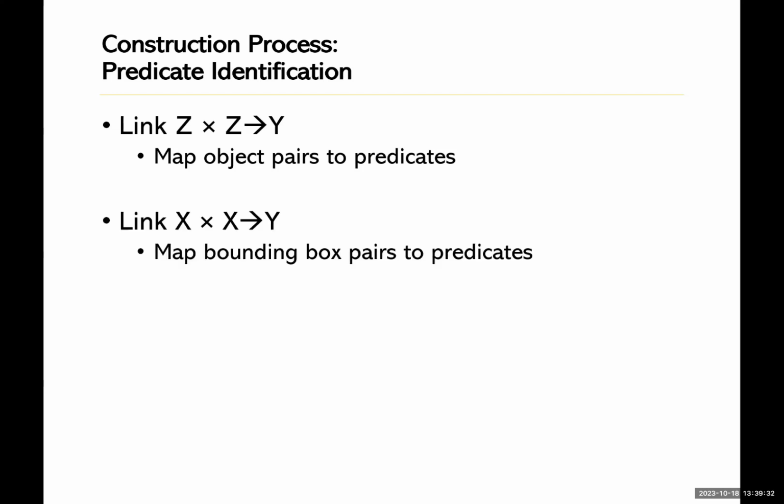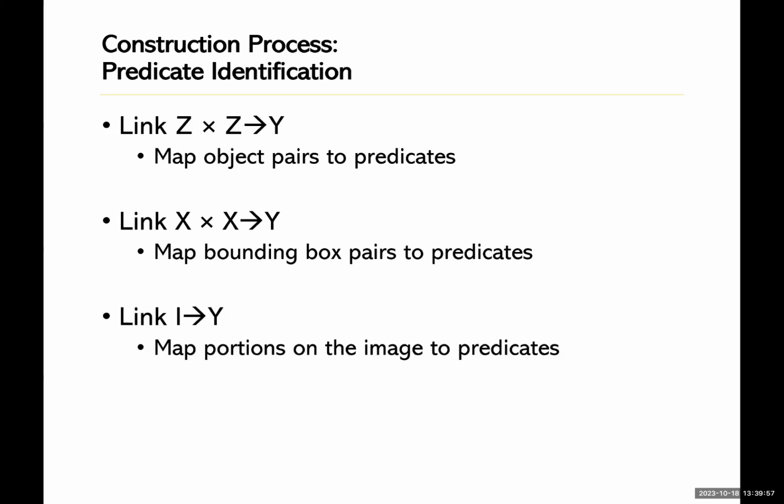But you can also look at pairs of bounding boxes and use that information. You can think of the top one as kind of purely symbolic. The next one here is more dealing with the features associated with those two objects from the uppermost layer of the perceptual model.